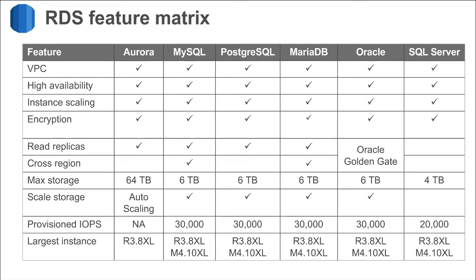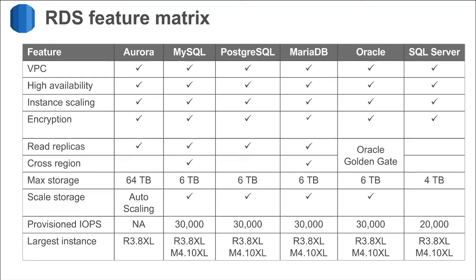For example, you can easily scale the underlying database instance on any of the database engines from a lower instance type, for example, M or T type, all the way to C and R type engine instance. Similarly, all of the engines today on our RDS platform support encryption at rest. That means you can securely store your data at rest on our RDS platform.